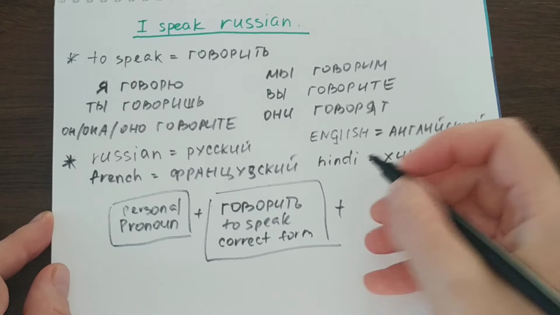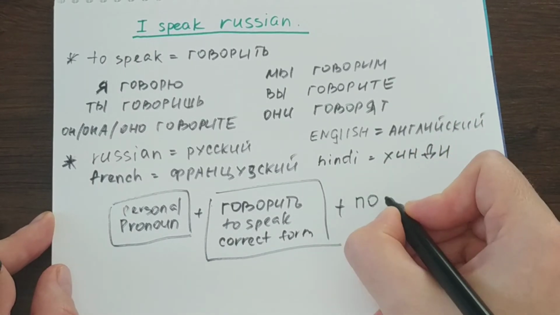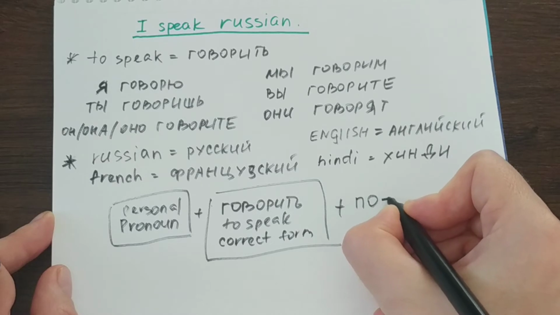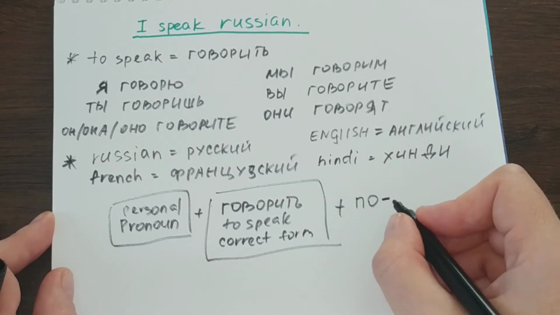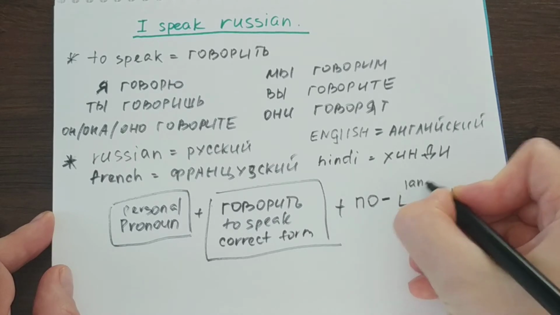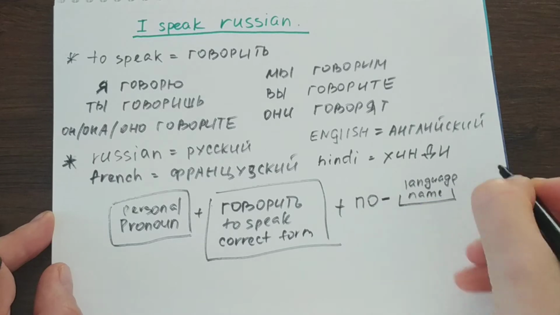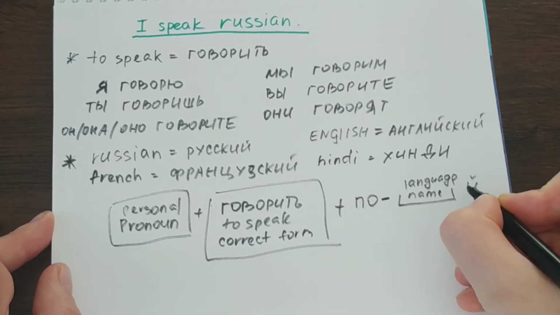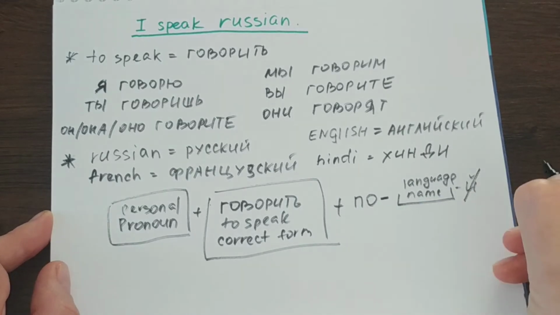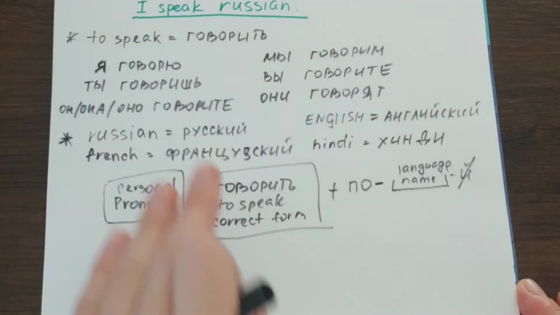So, first we'll have to use this particle по. Then we'll have to use this short hyphen. And then we'll use the language name, but we will have to drop the ending. So that is the scheme of constructing this in Russian.